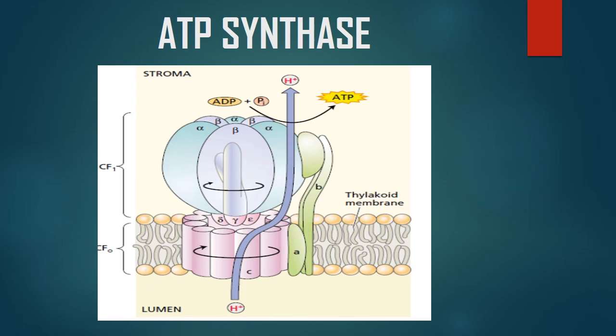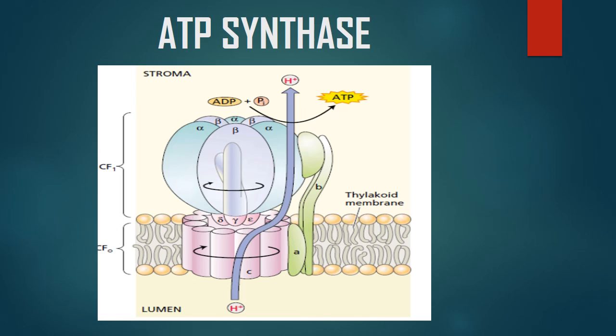ATP is synthesized by a large enzyme complex known as ATP synthase. This enzyme consists of 2 parts. The first part is the hydrophobic membrane-bound portion called CF0, and the second is a portion that sticks out into the stroma called CF1.